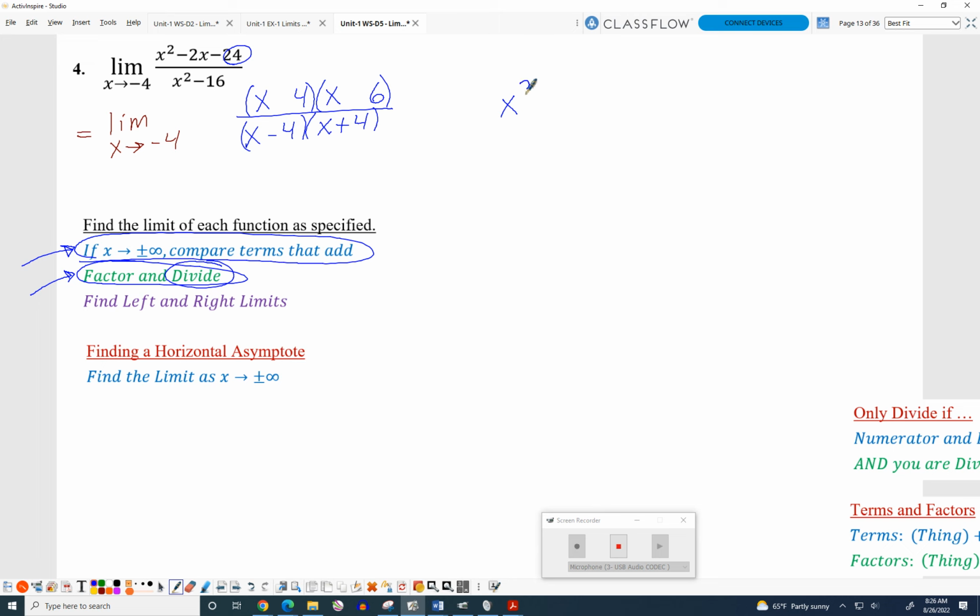This is just my scratch work. Then I'd have 6x, then 4x, then 24. I need this to be negative, and then I need these two to add together and give me a negative 2x. So that means I need a negative here and a positive here.